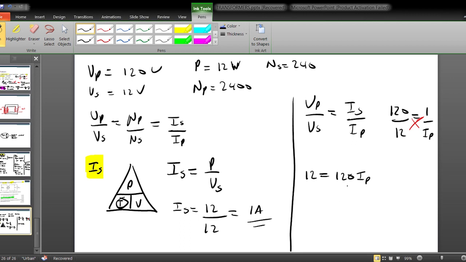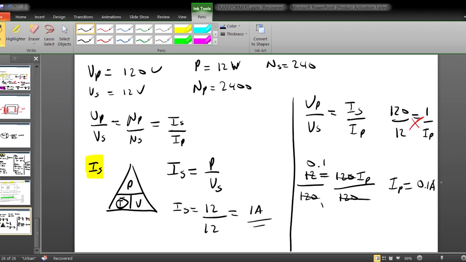Now again, the rule of math, if you want to remove the 120, you divide by 120. Do the same thing to the other side. That cancels that, leaving IP, 12 divided by 120 is 0.1.